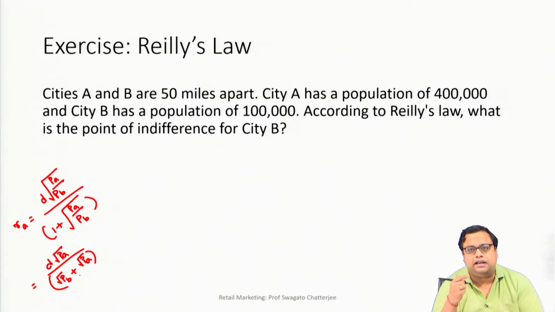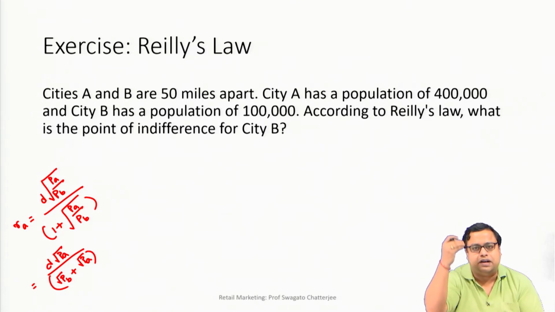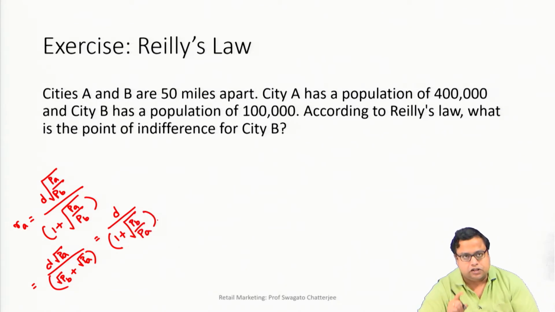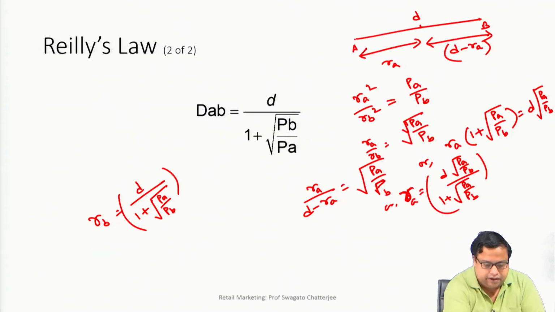I have multiplied by root PB in both numerator and denominator, and it can also be written as root PB by PA. So this is the line that has been written here.